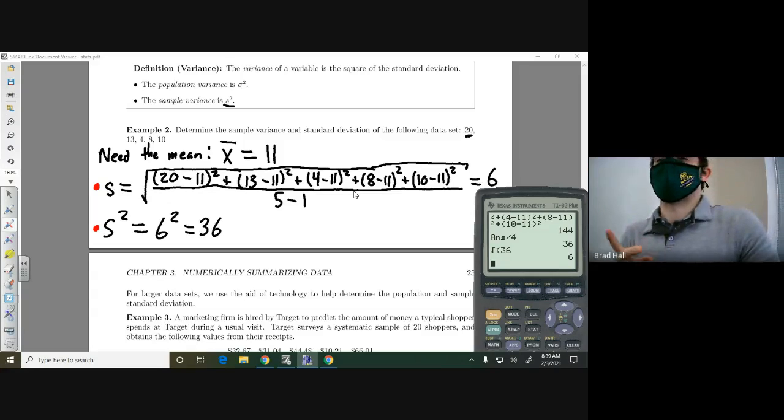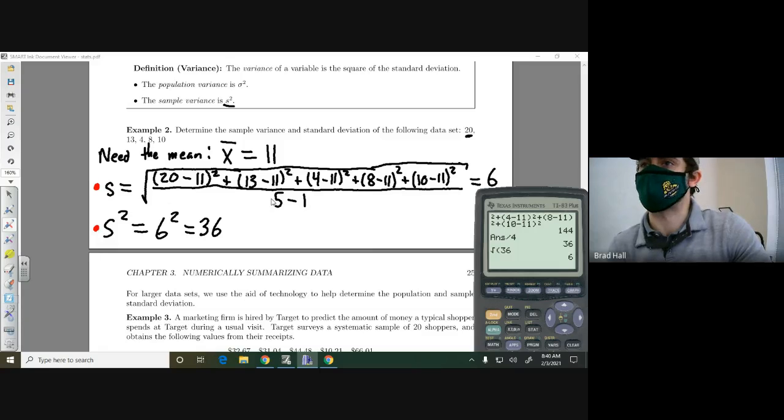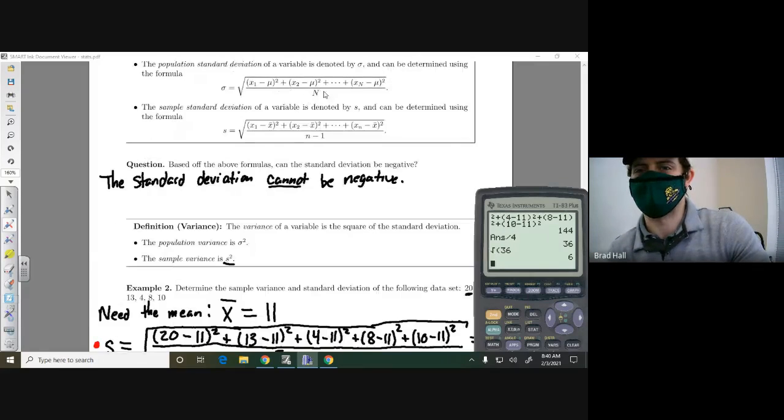But just keep in mind, if they ask for the population standard deviation, you won't have 5 minus 1, you'll just have 5. Just notice that formula is slightly different. They don't have a minus 1 in the denominator. So the denominators are slightly different. So just keep that in mind.